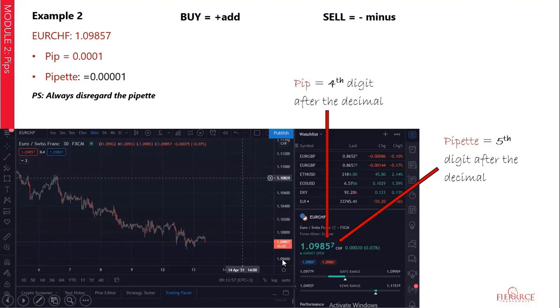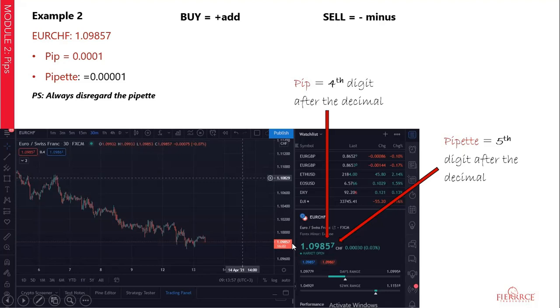If it went down by 10 pips, because I'm selling, the final price would be 1.09757. Okay, guys, hopefully you can see why it's important to know which is the pip and which is the pipette, so that when we're calculating the price change, we can do it the correct way.